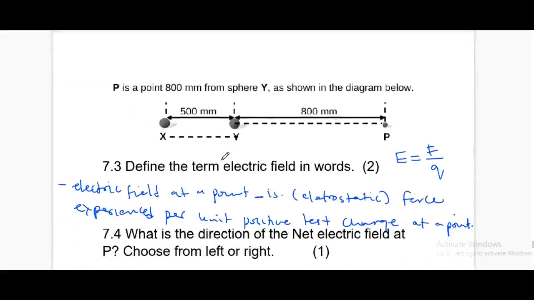So now we know that X and Y are both negative, right? Because they are both negative, the field lines go inside.